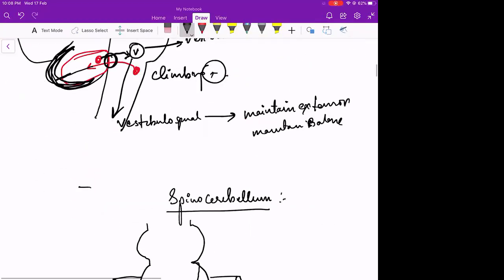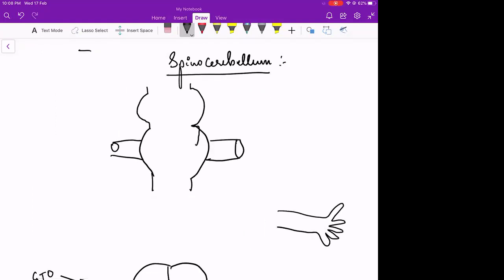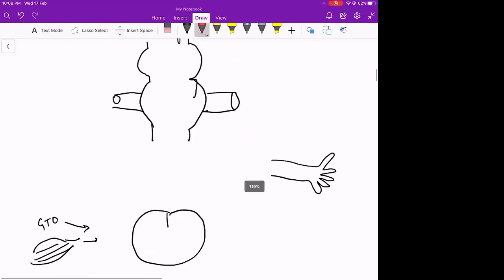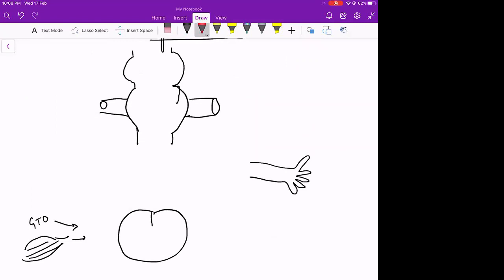Coming to the spinocerebellum, here the patient receives the input fibers from the spinal cord. Where are the fibers coming from? From the Golgi tendon organs, from the muscle spindle, from the Pacinian corpuscle.